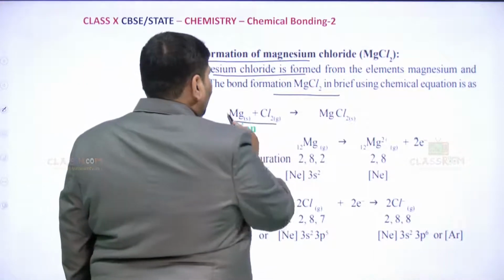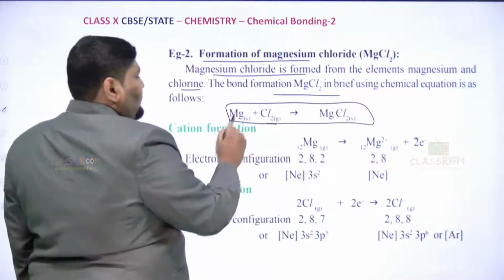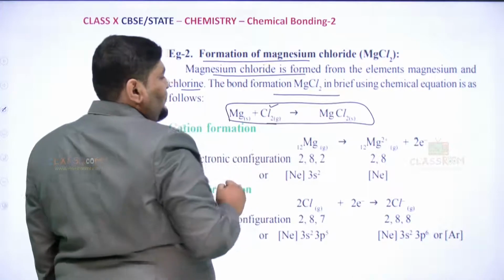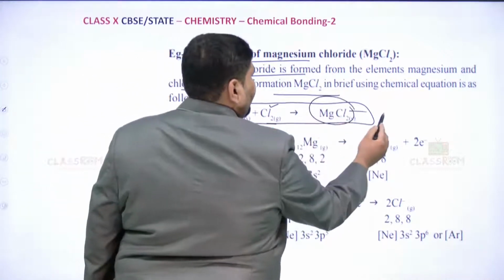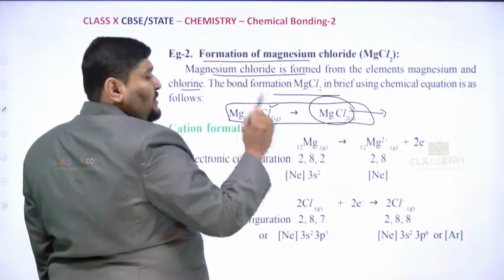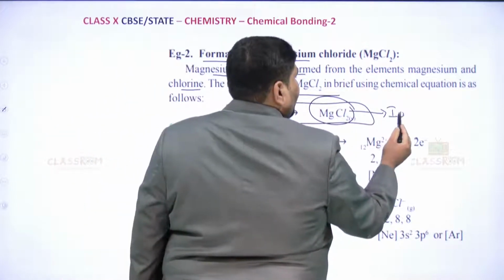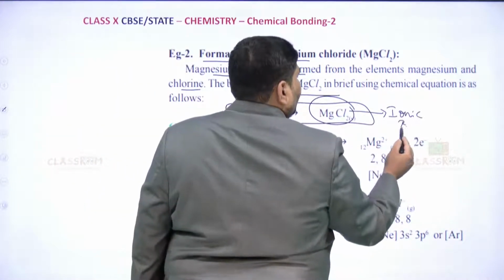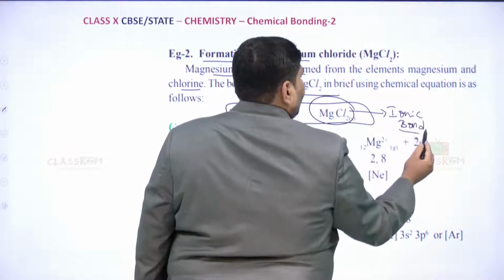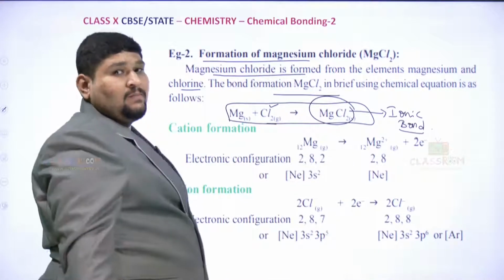As per the reaction, magnesium plus chlorine, forms magnesium chloride. The compound which is formed is associated with an ionic bond. So this is an example of ionic bond formation using magnesium chloride.